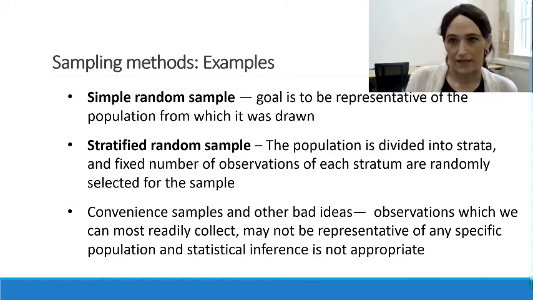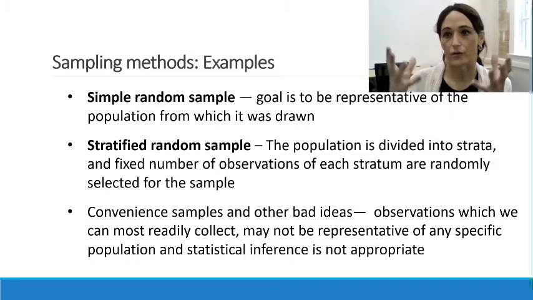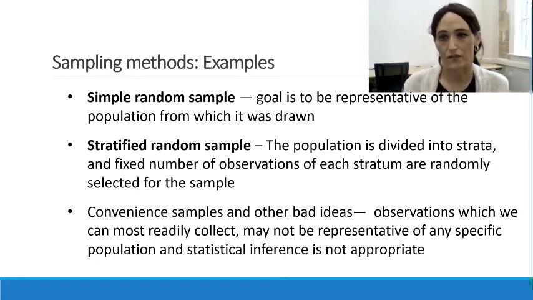A stratified random sample is slightly different in that we first divide the population into strata, and a fixed number of observations from each stratum or subgroup are randomly selected from the sample. We usually do this when we want to make sure that we're able to say something about specific subpopulations.